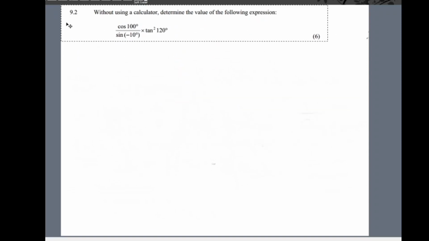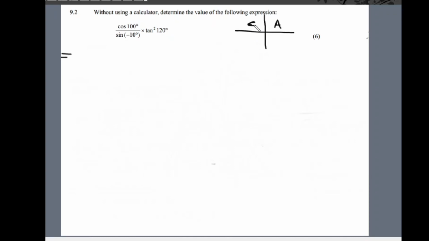Right, so 9.2, but without the use of a calculator, determine the value of the following expression: cos 100 degrees divided by sine of minus 10 degrees times tan squared 120 degrees. Right? So now again we'll apply the reduction formula using the CAST diagram.